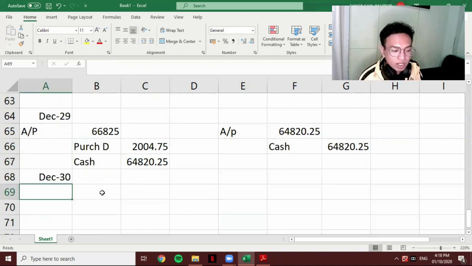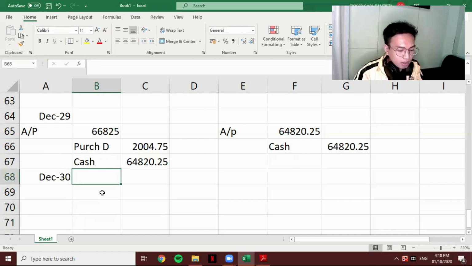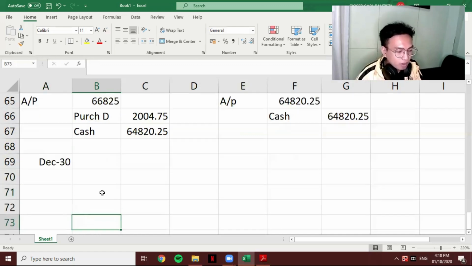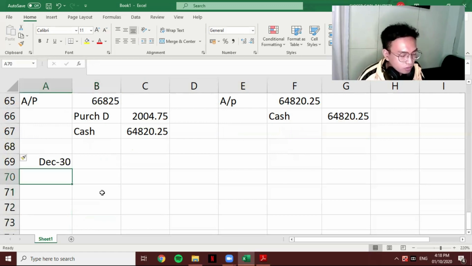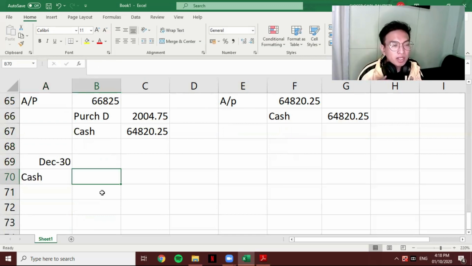Yan. Anong gagawin natin? So, the purchase returns and allowances, yan, will have to receive cash. Diba? Dahil nga meron tayong isinauli.